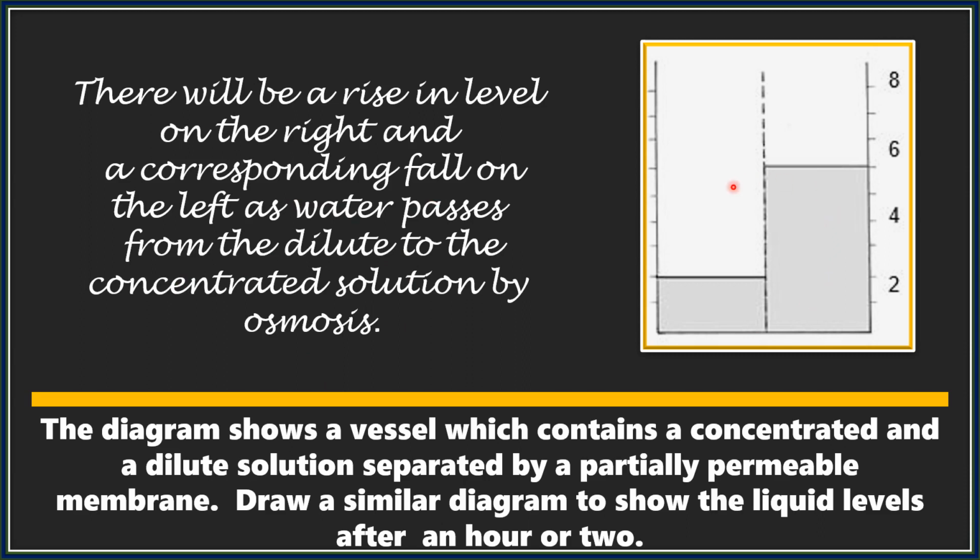So we shall find that this solution, which is dilute, will move to the other side where the solution is concentrated. So the water molecules will move from a region of dilute solution to a region of concentrated solution by osmosis. And there will be a rise on the other side where the concentration is high, and there will be a fall or a drop in the level where the concentration is low.